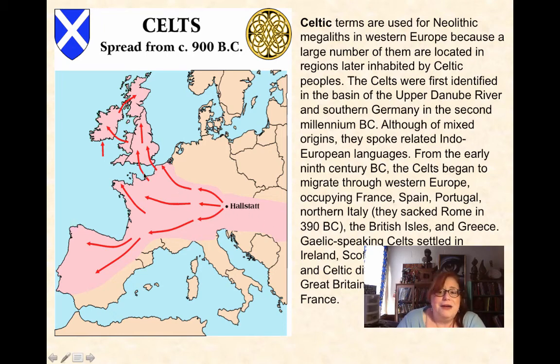They occupied as far west and north as France, Spain, Portugal, and northern Italy. They sacked Rome in 390 BCE, and settled in the British Isles and in Greece. Gaelic-speaking Celts settled in Ireland, Scotland, and Wales. And Celtic dialects are still spoken in Great Britain, Ireland, northern France, and actually parts of northern Spain known as Galicia.